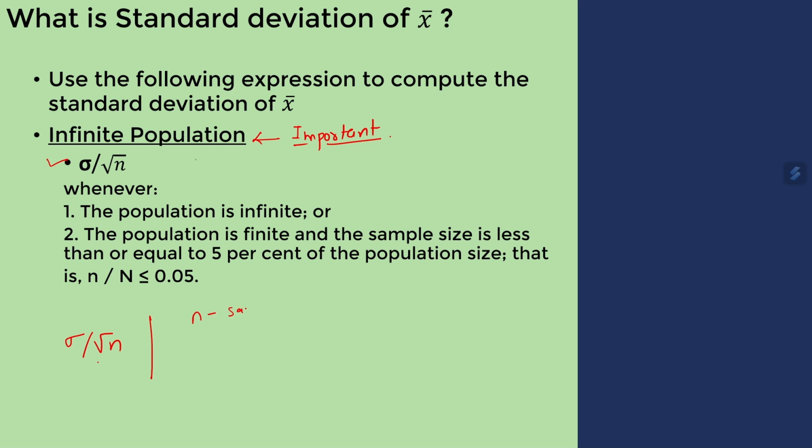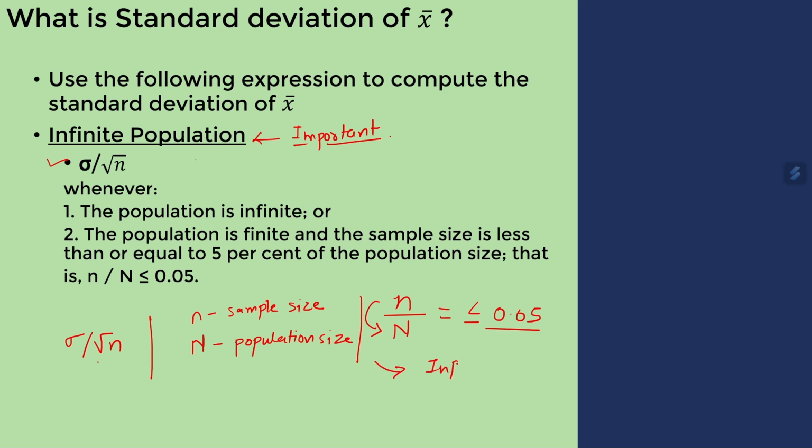So whenever we come across any case, we will first take the sample size, then we will consider the population size, and we will divide sample size by population size. When the value comes less than or equal to 0.05, we will treat it as an infinite population.